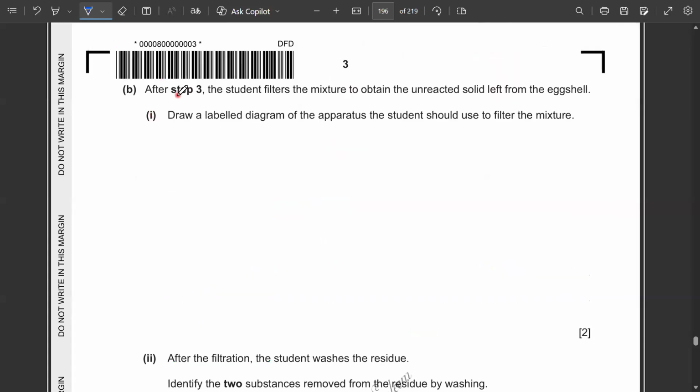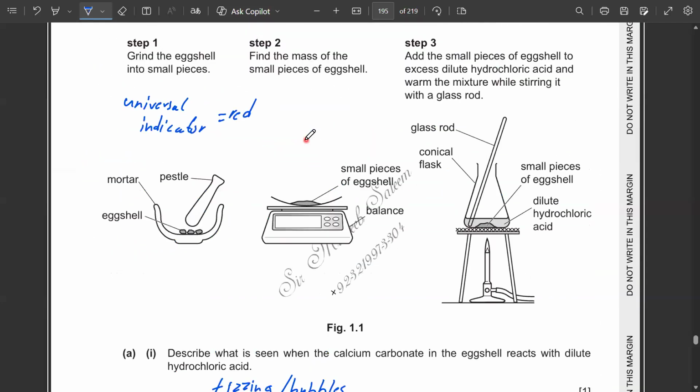Then part B, after step 3, the student filters the mixture to obtain the unreacted solid left from the eggshell. Draw a labelled diagram of the apparatus the student should use to filter the mixture. So filtration has already been studied in the literature. We are supposed to separate the solid from the mixture, because this is what we are doing here.